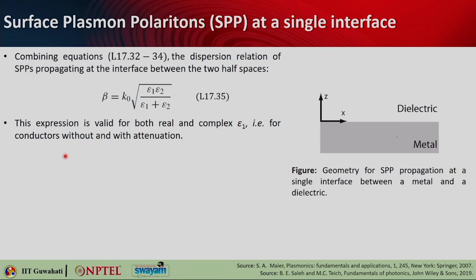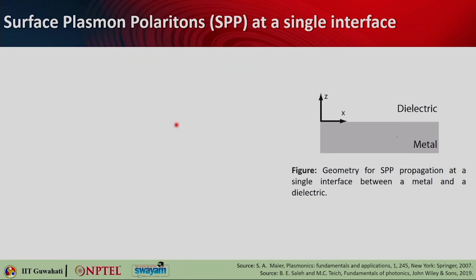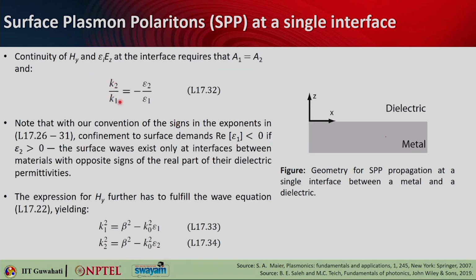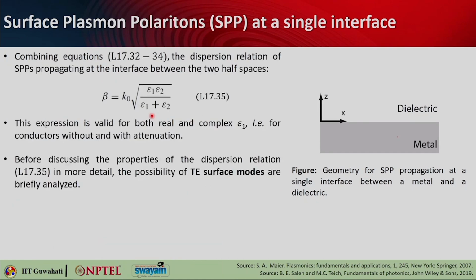So you may think of a metal which is lossless, in that case also it will work, okay, but the requirement is that you need to have this one satisfied. Okay. K2 over K1 should be equal to minus epsilon 2 over epsilon 1, this has to be satisfied. Okay. Now, before we go into discussing the dispersion relation and what exactly it conveys, let us also have a look at the possibility of TE surface modes.